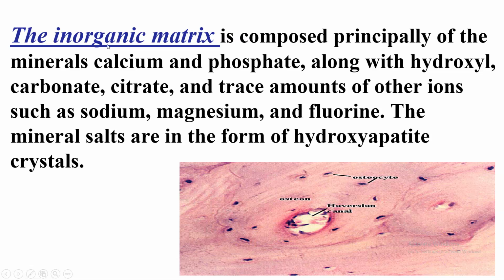The matrix of the bone consists of organic and inorganic. We start with the inorganic. It is composed principally of minerals, calcium, phosphate, along with hydroxyl, carbonate, citrate, and trace elements of other ions such as sodium, magnesium, fluorine, and these mineral salts are in the form of hydroxyapatite crystals.